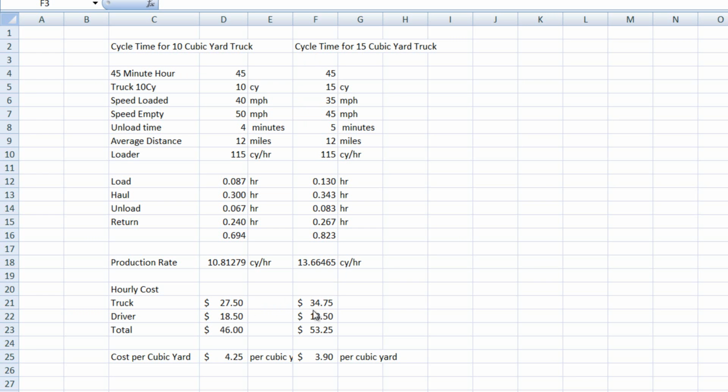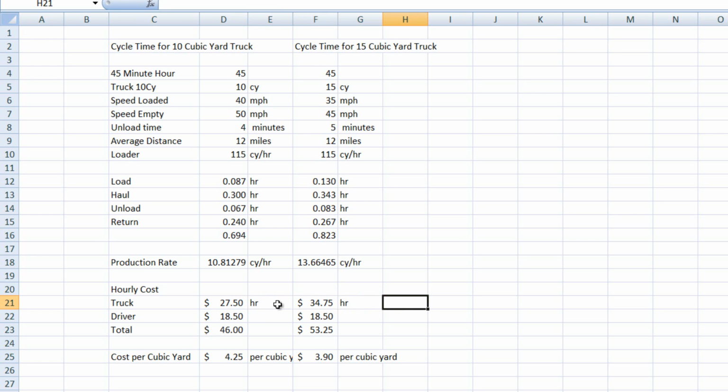And you can imagine the many ways you could come up with that hourly cost. You could probably do like we did, a capital account or a sinking fund type of equation. You could look at rental rates, lease rates, but in any event, they're expressed as $27.50 and $34.75 per hour. I should probably just add that in there, per hour.